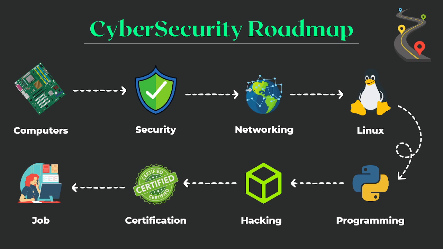Like I said, computer networks play a key role in understanding how the internet works and how to protect information on the internet. Then you should learn about Linux and the different commands involved. As an ethical hacker, you should be really good at Linux because we will be working with a machine called Kali Linux that is most widely used in ethical hacking.